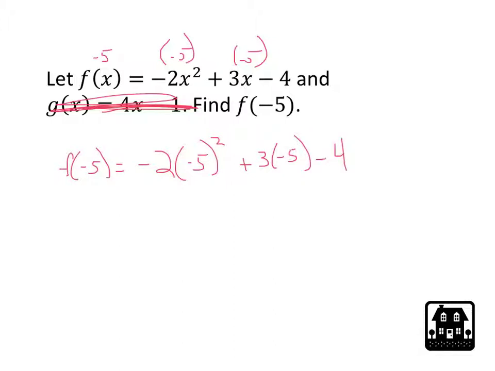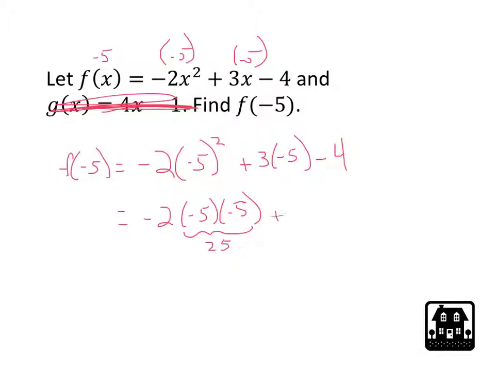So now we just have to simplify this. First keep that minus 2 alone because you first do exponents. And negative 5 squared is the same thing as negative 5 times negative 5. And negative 5 times negative 5 is 25. Positive 25, because a negative times a negative is a positive.